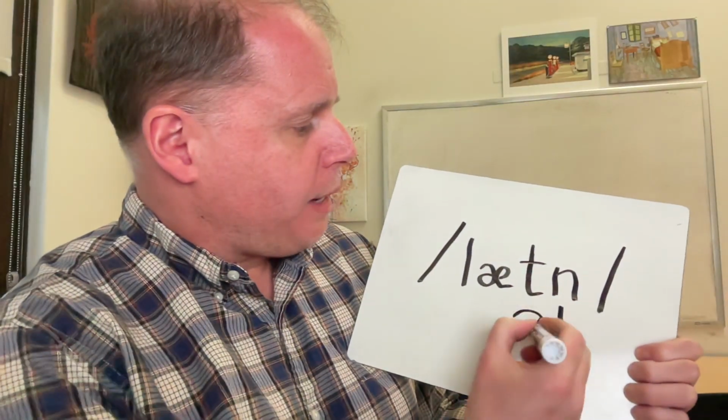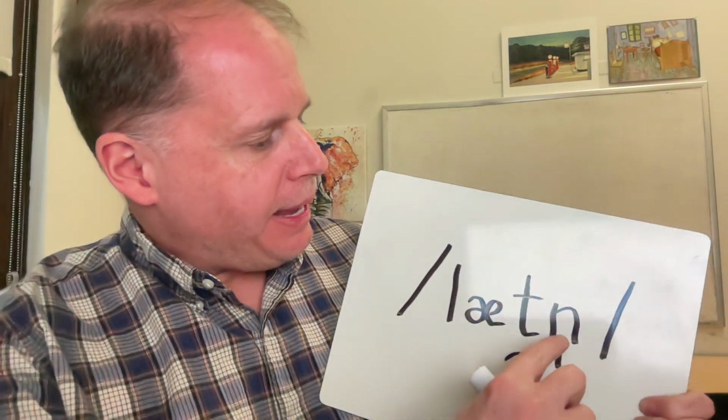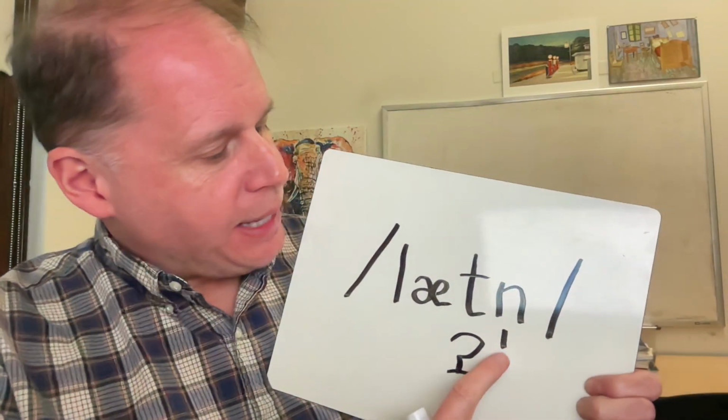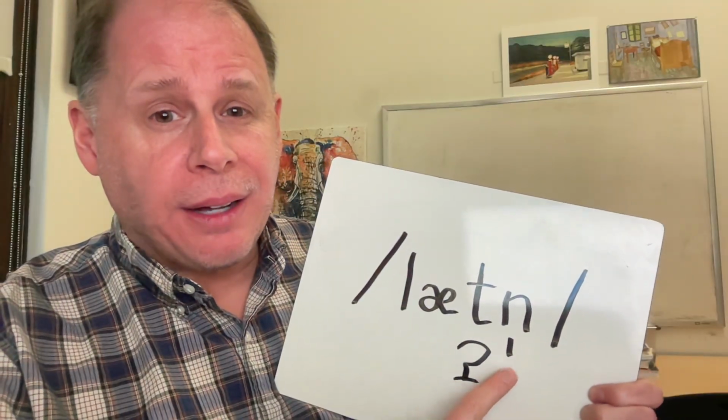I used a lowercase t because you don't have to worry about allophones for this assessment, but you could have certainly used a glottal stop there. Either one would be acceptable. And then there was no vowel in that second syllable. So it was just a syllabic N. So there's the N by itself, and there's that syllabic diacritic that has to be there so you know it's a special kind of N.